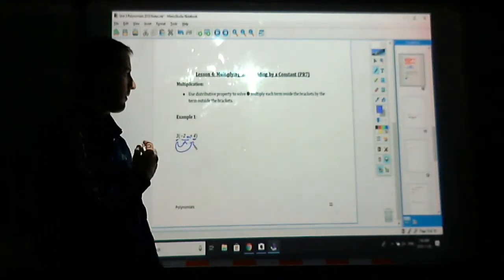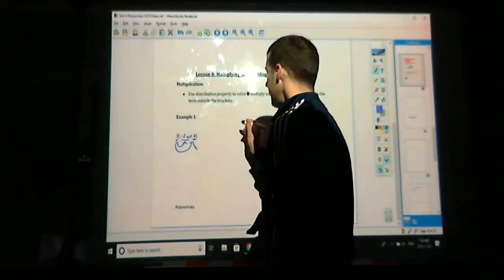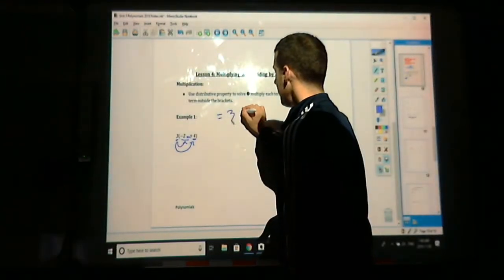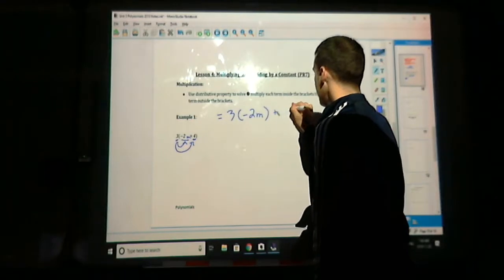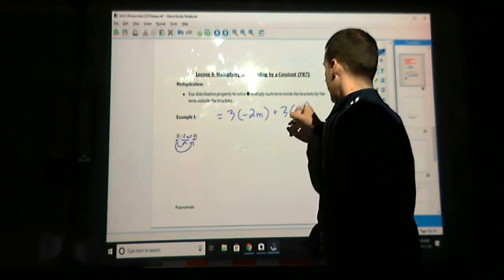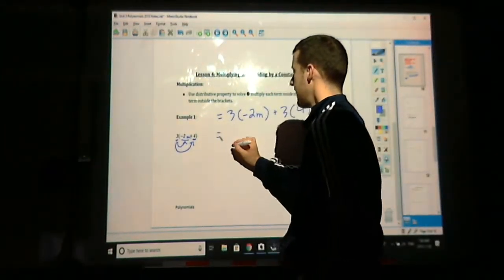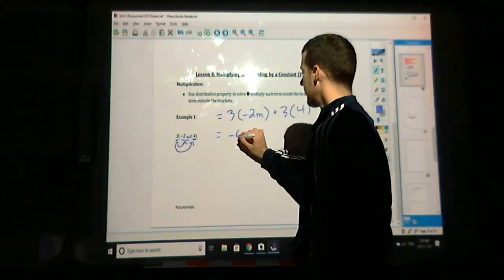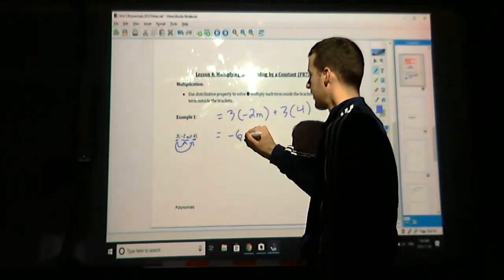My favorite way of writing this out as I'm learning it is to just simply break it down. So this here is equal to 3 times negative 2m, plus 3 times positive 4. Then we'll take it down again, one step at a time. 3 times negative 2 is negative 6, and there's no m's or anything to multiply, so that just carries over.